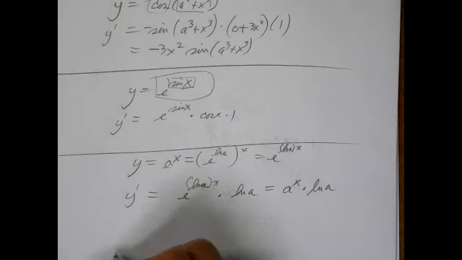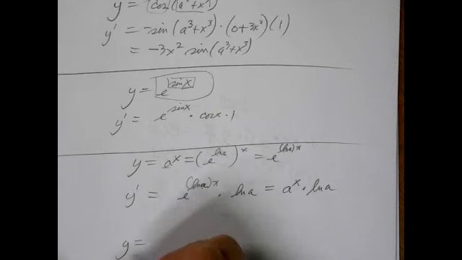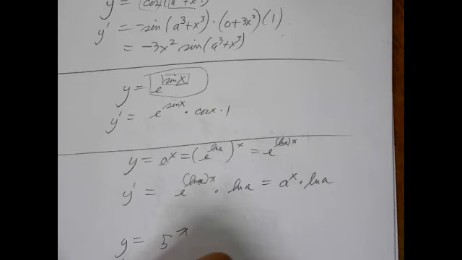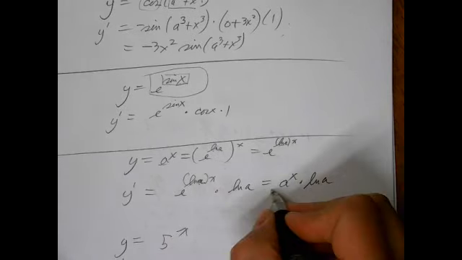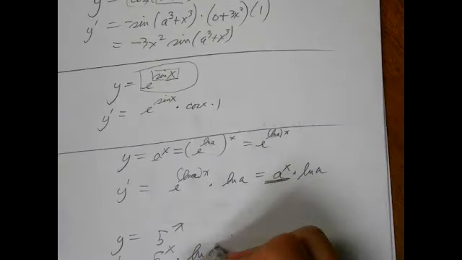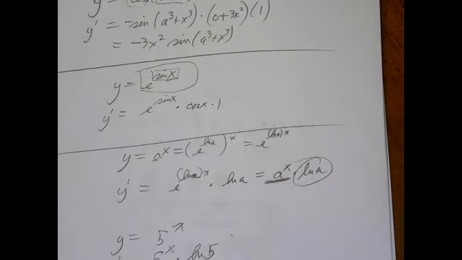So if I had a y equal to 5 to the x power, then y prime would be, as the rule says, 5 to the x, similar to what the exponential e to the x would do, but you have to multiply it by natural log of, I almost said a, natural log of 5 because of that part of the rule.